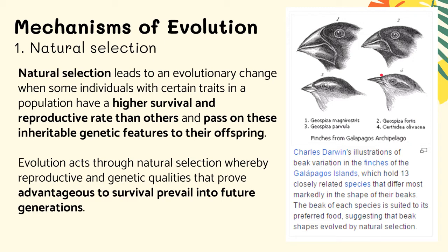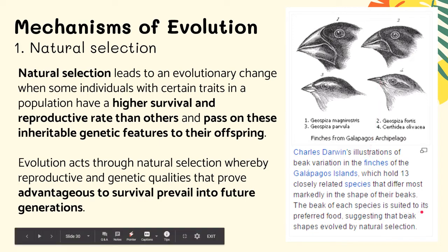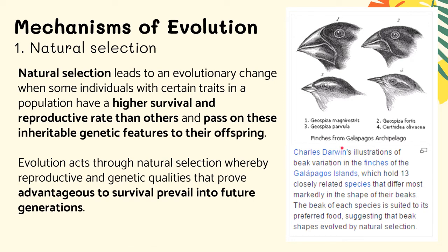So Darwin thought that there's a possibility that they are descendants of a common ancestor, but they just happened to evolve different beaks so they could be better adapted to their diet. So the beak of each species is suited to its preferred food, suggesting that beak shapes evolved through natural selection.